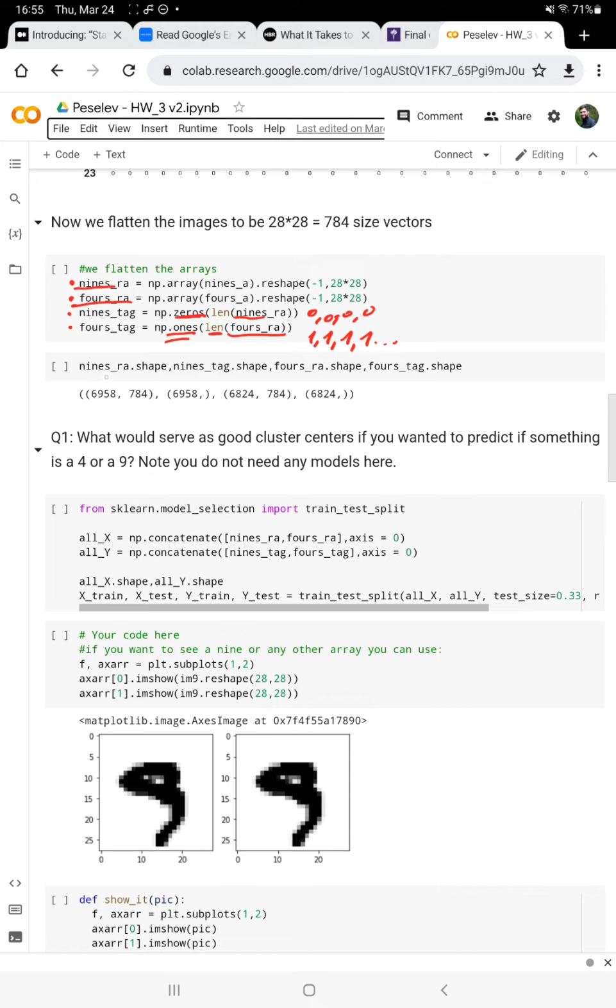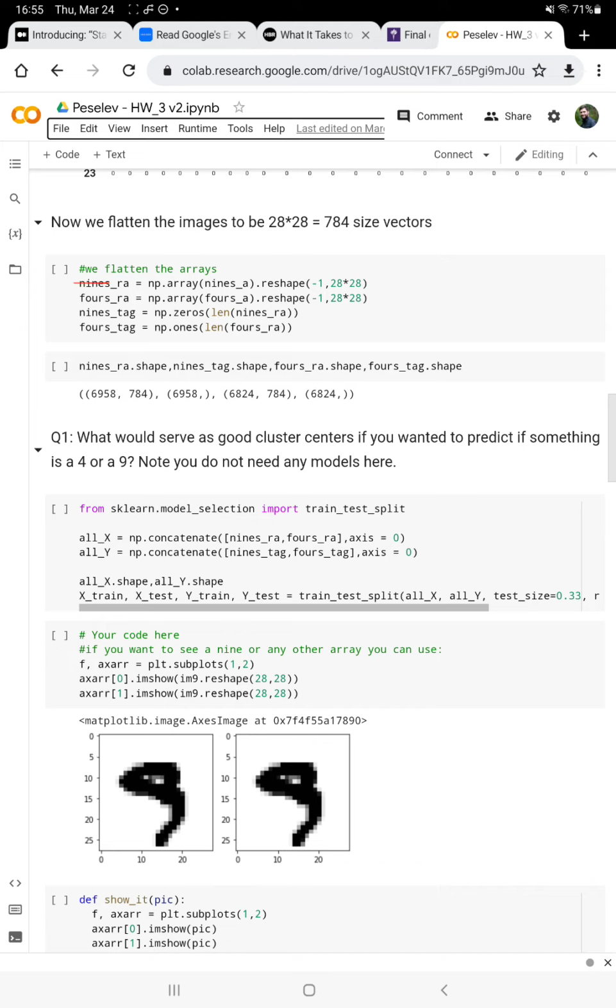So let's see. 9 tags, I'm sorry, let me restart it. So 9 tags is here, and the shape is this. So you have almost 7,000 zeros. Similarly, you have 4 tags shape. You have 6,824 ones.